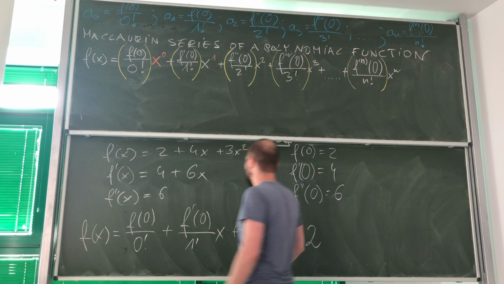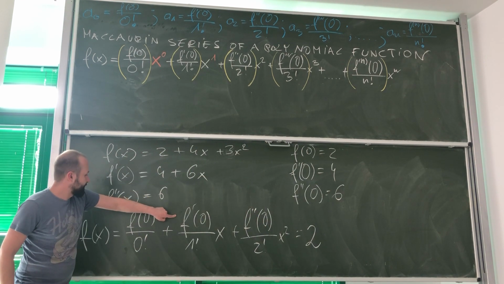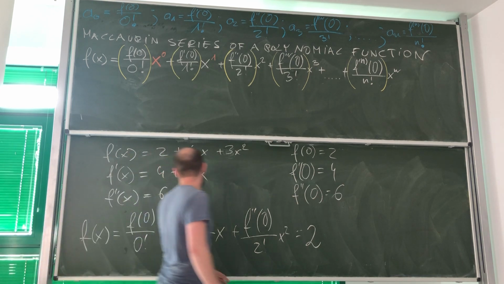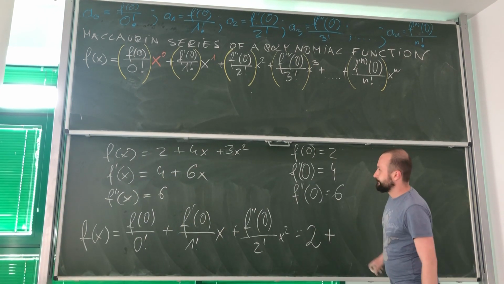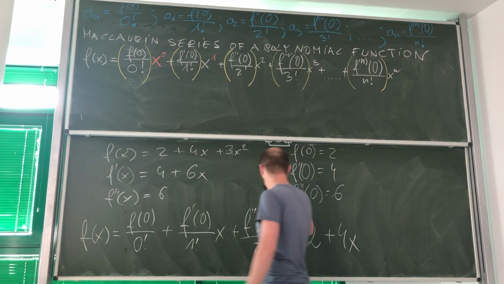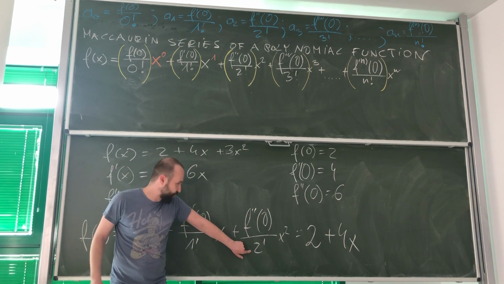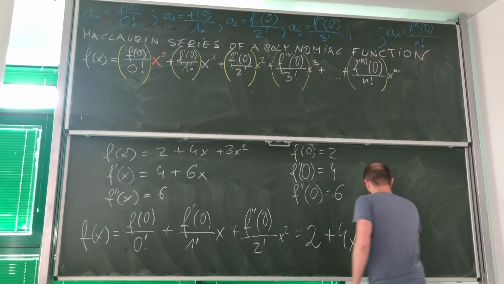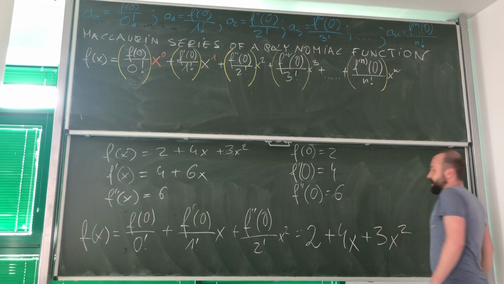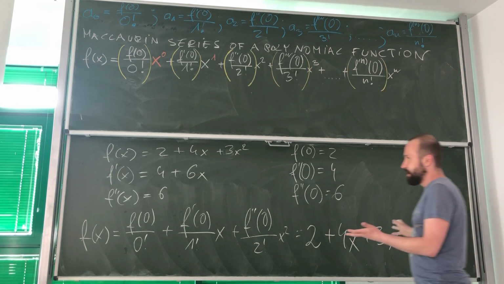Then we've got 4 divided by 1 is still 4. And finally, here we will have 3x squared. It works very, very well.